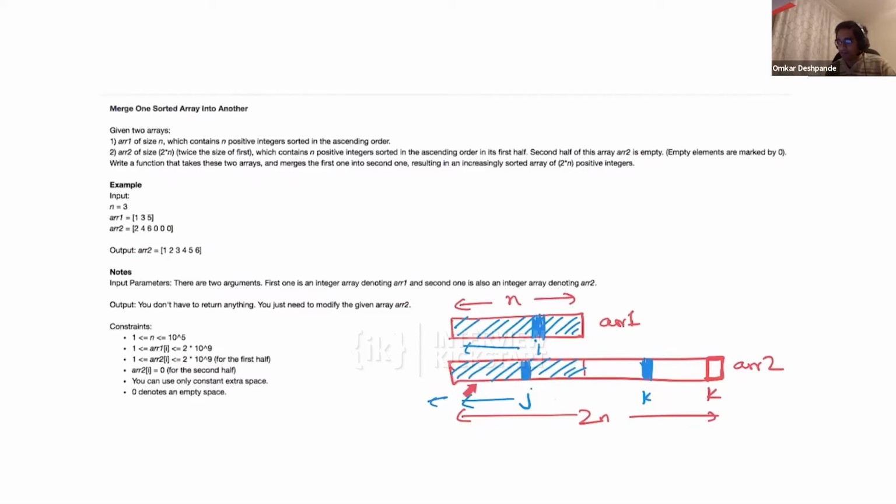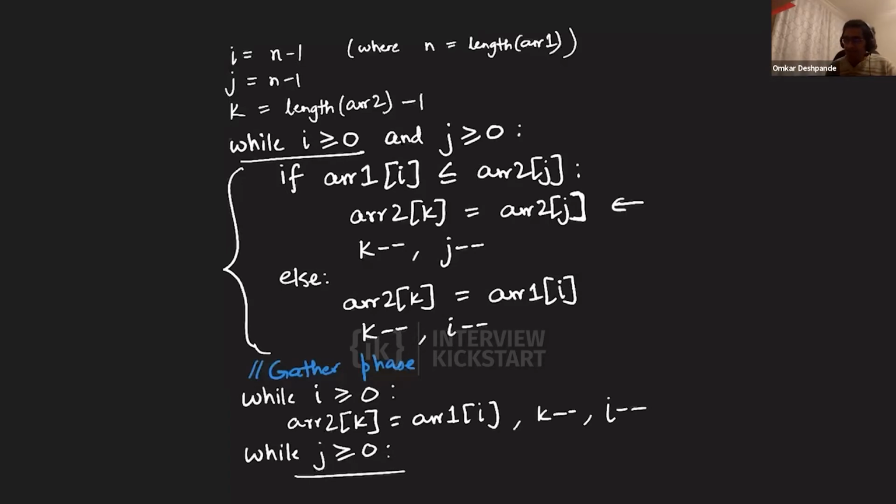So whatever remaining elements there are, if they are all from the second array, then those elements are already where they should be. So we don't need a gather phase for the second array.